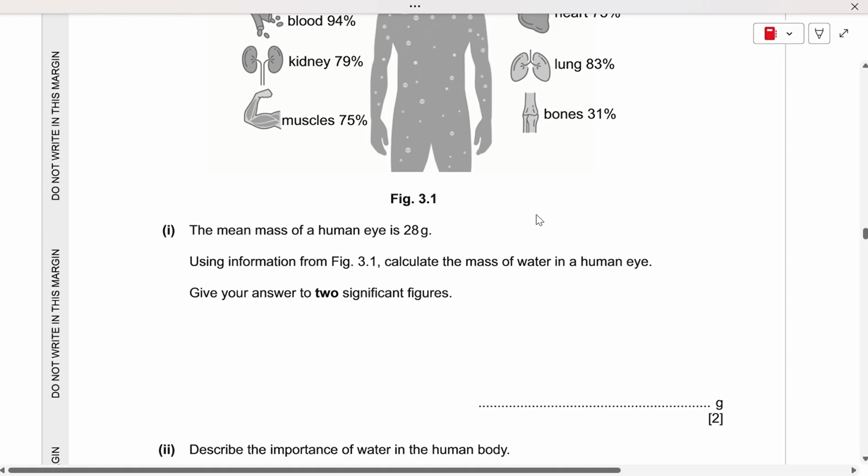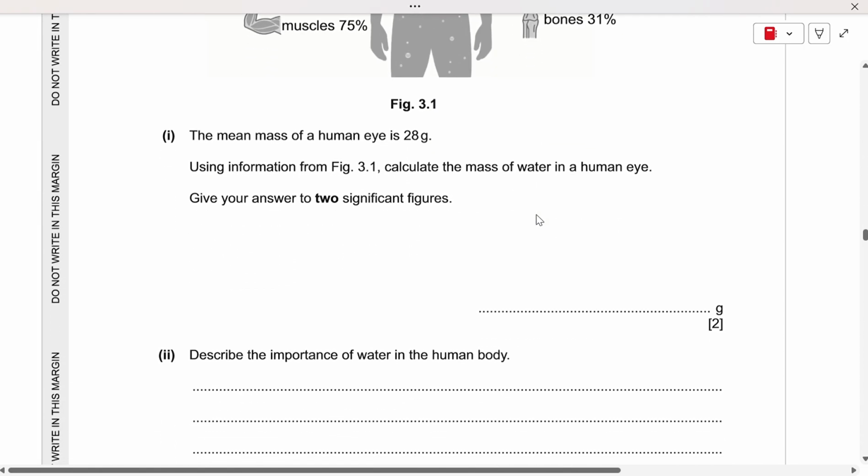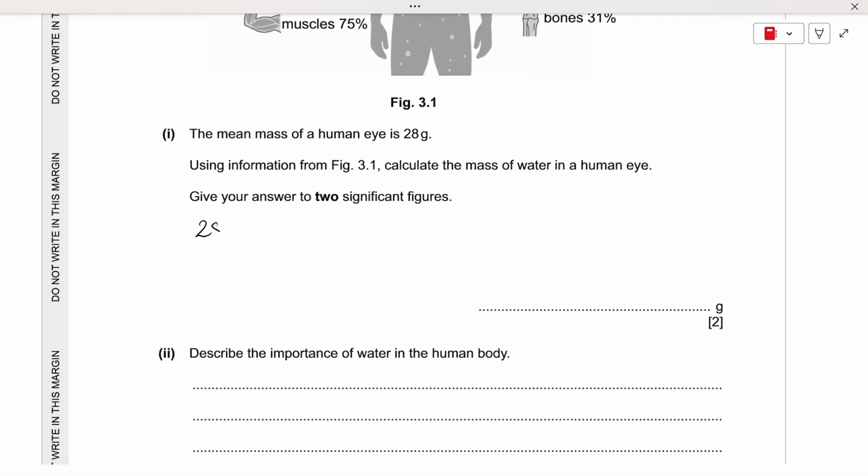Using the information, calculate the mass of water in the human eye. Give your answer in 2 significant figures. All right, the easiest way to identify the mass of water is taking the percent and multiplying it to the mean mass. The percent of the eye is 95%, so the mean mass is 28 multiplied by 95%, or you can say 28 times 95 over 100.